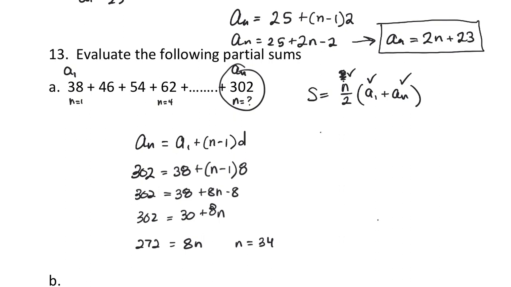We know that n equals 34, so we have the sum of the first 34 terms is 34 divided by 2, and then we add the first term to the last term. So 17 multiplied by 340, which turns out to be 5,780.